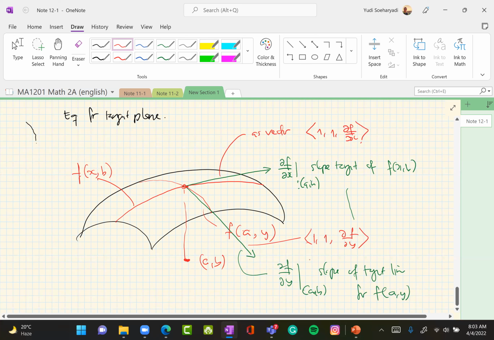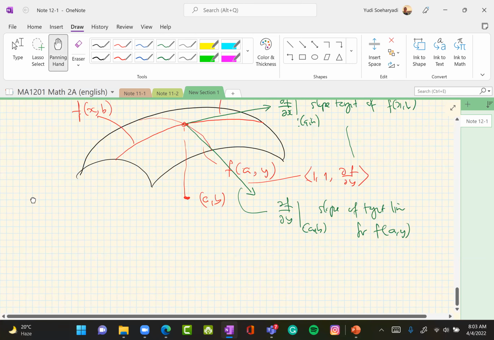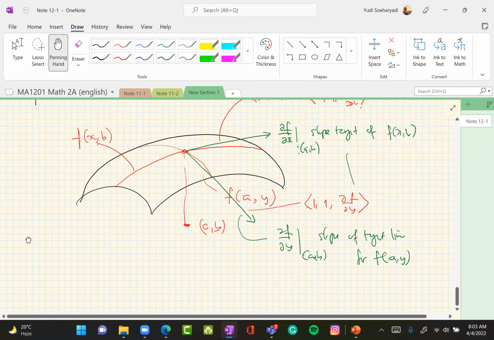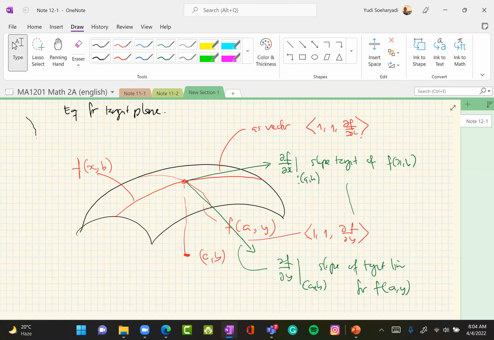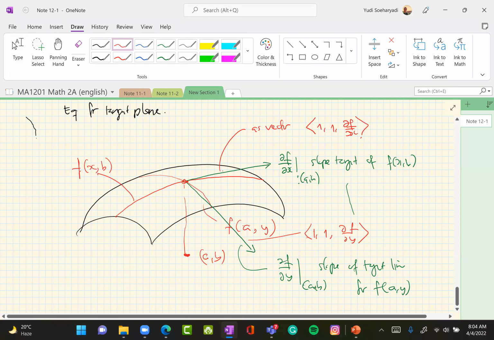Okay, and if you cross this, the equation for the plane containing two vectors, if you cross this out, what you get here. For example, if you cross, you get this one here. There, the normal vector.